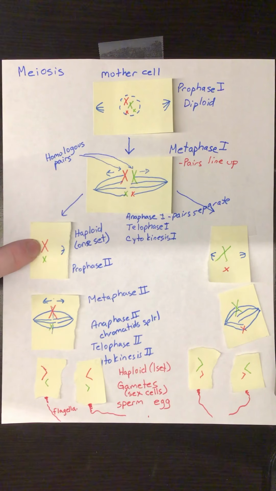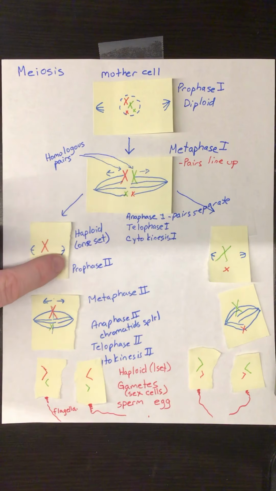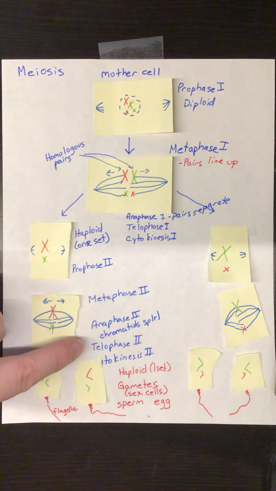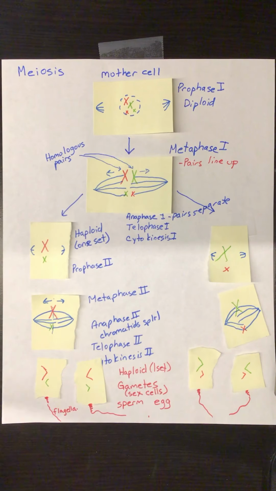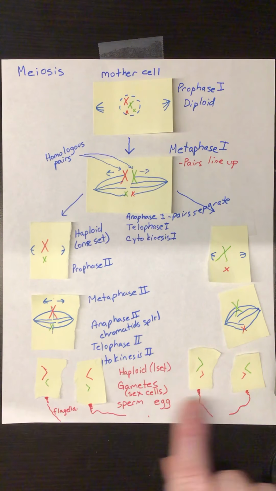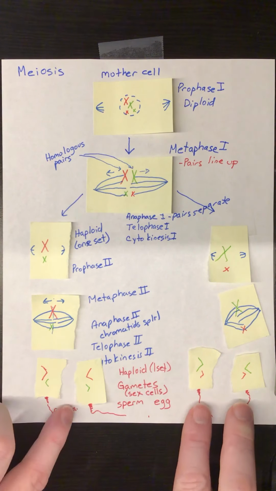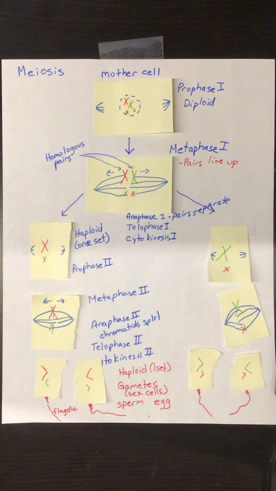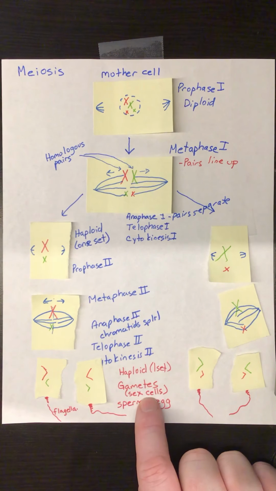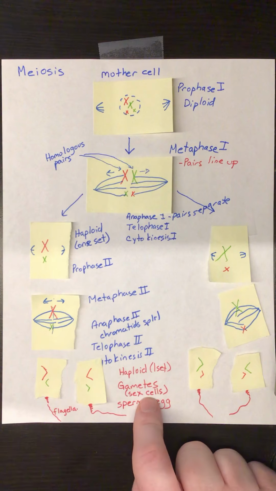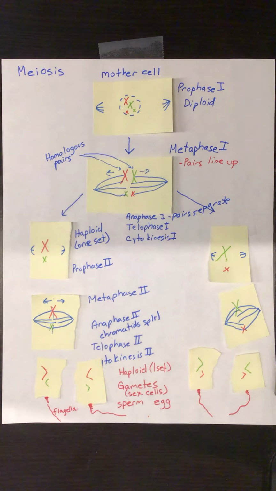The next division split those sister chromatids into two different cells through prophase 2, metaphase 2, anaphase 2, telophase 2, and cytokinesis 2, leaving us with 4 different cells. These 4 different cells have different combinations of DNA compared to one another, and different combinations of DNA compared to our starting mother cell. That's the process of meiosis, creating gametes, sex cells, with different combinations of DNA compared to the starting mother cell.